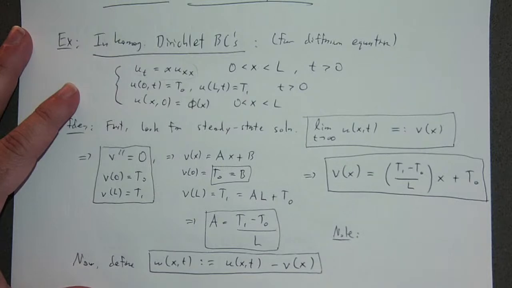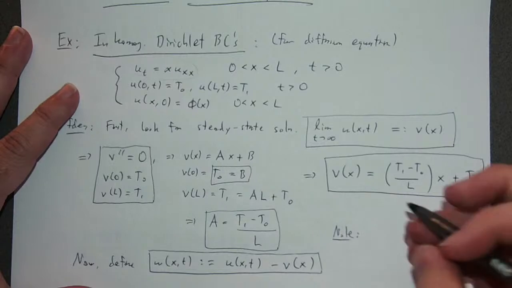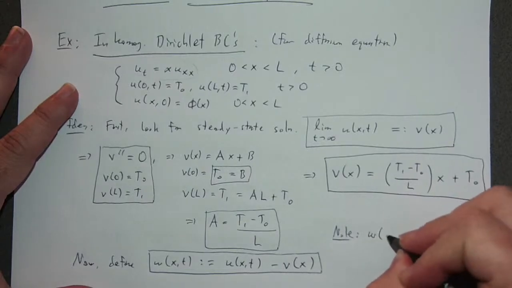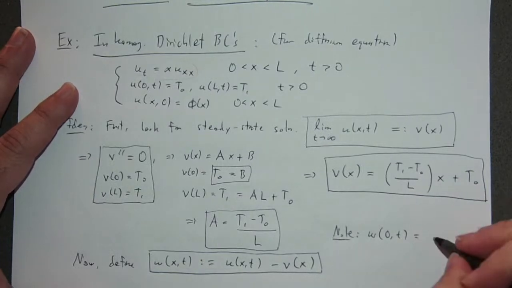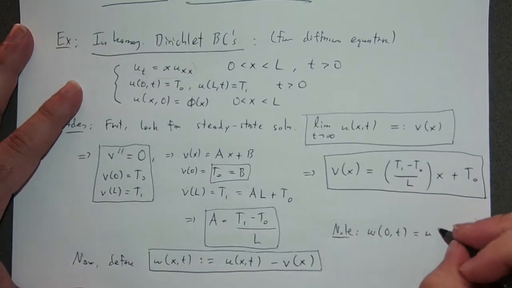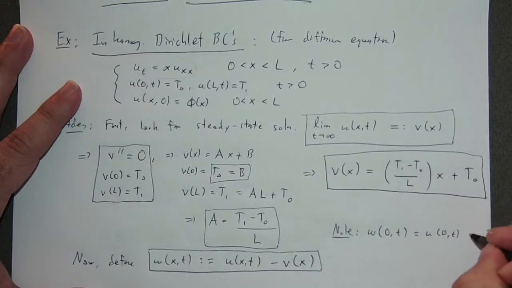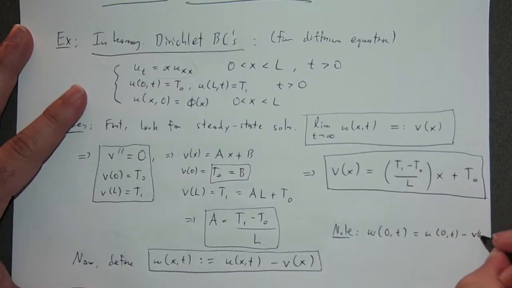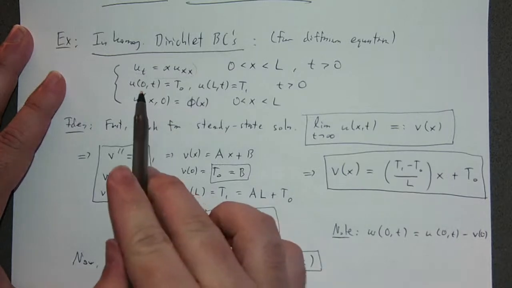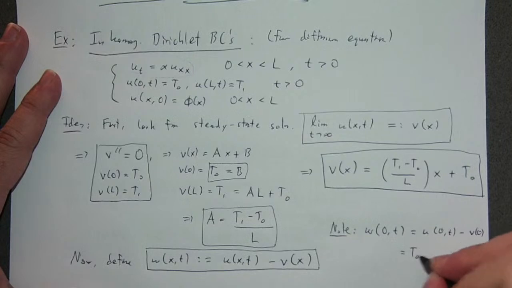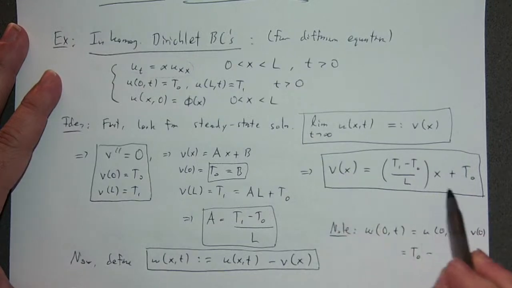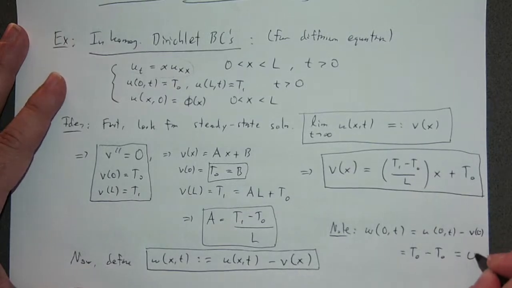Firstly, let's look at the boundary conditions here. What is W of 0,t? Well, that is U of 0,t minus V of 0. U of 0,t is T naught, minus V of 0, which is also T naught. So this is 0.